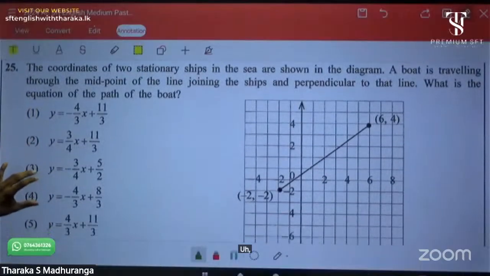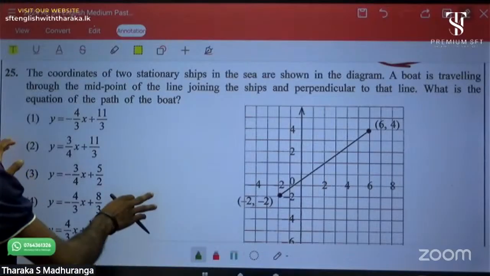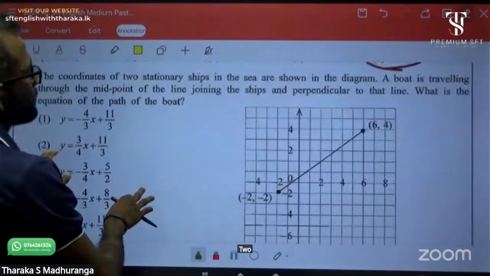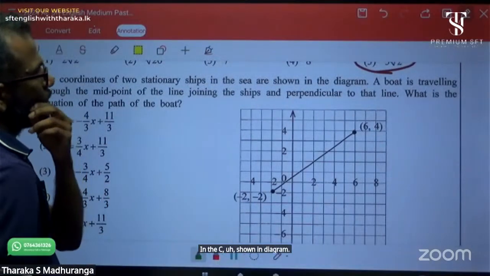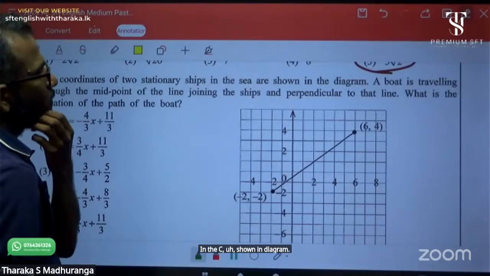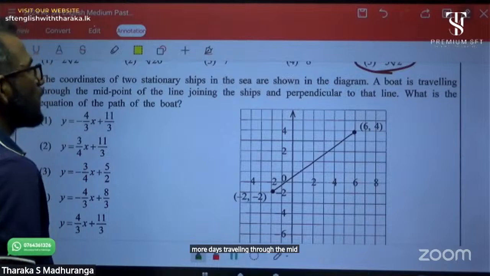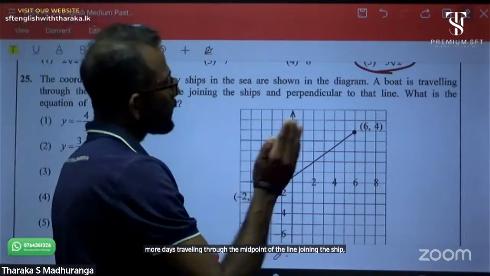Again, a coordinate geometry question. The coordinates of two stationary ships in the sea are shown in the diagram. The boat is traveling through the midpoint of the line joining the ships and perpendicular to that line.